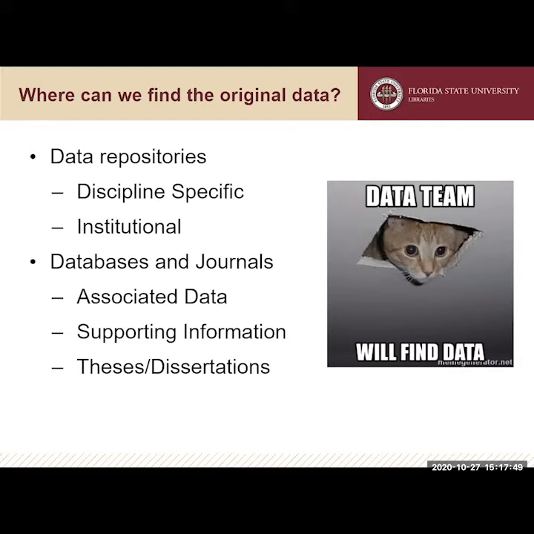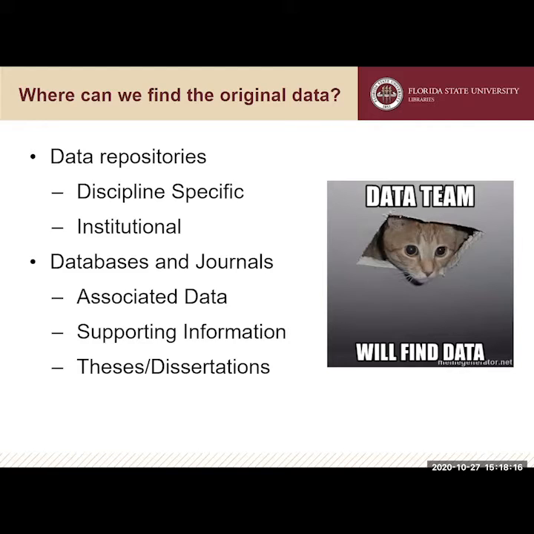You also can find data associated with publications in databases and journals. A lot of the databases that you might use through the library's website to find journal articles now have the ability for you to filter by articles that have data associated with them.